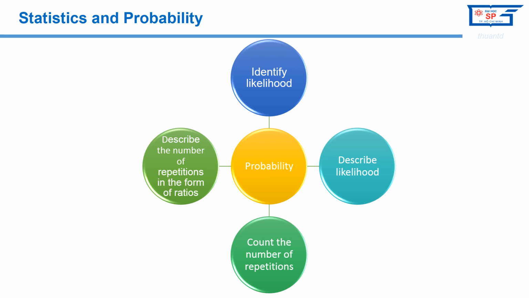Grade 5 students need to describe these repetitions in the form of ratios. For example, using the ratio 2:5 to describe 2 occurrences of the landing heads outcome when flipping a coin 5 times.